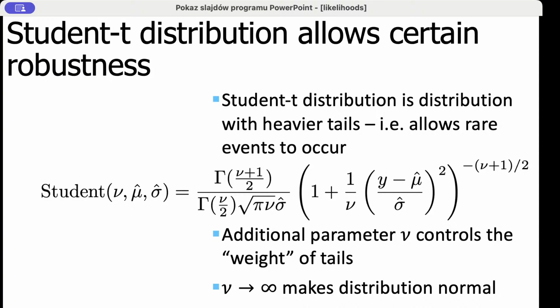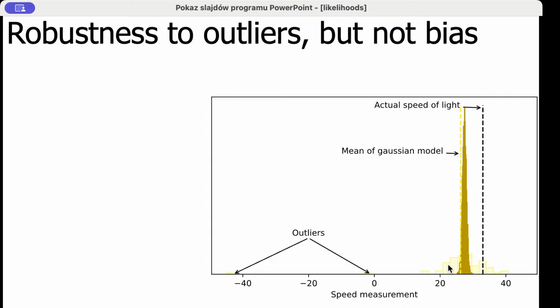So we are getting some situation that certain unlikely events can happen. And this is the cornerstone of robust modeling, of how to set up a distribution that won't be as sensitive to outliers. So the unlikely event can happen, okay, but most of the events still will happen somewhere.